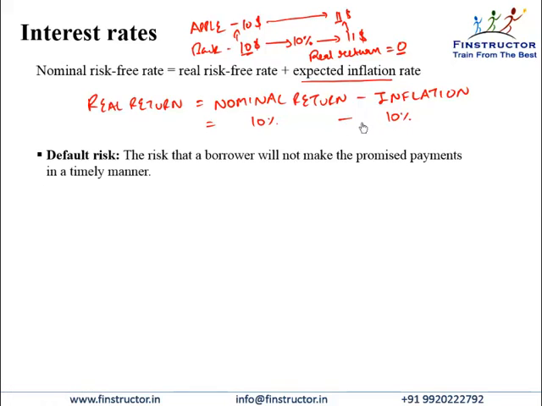So theory says that the minimum nominal return that has to be offered has to equal the expected inflation. Otherwise, nobody would invest. Why would you put your money in the bank? You would rather buy goods or commodities, because the prices of commodities are going up by more than the rate of return that you are getting.